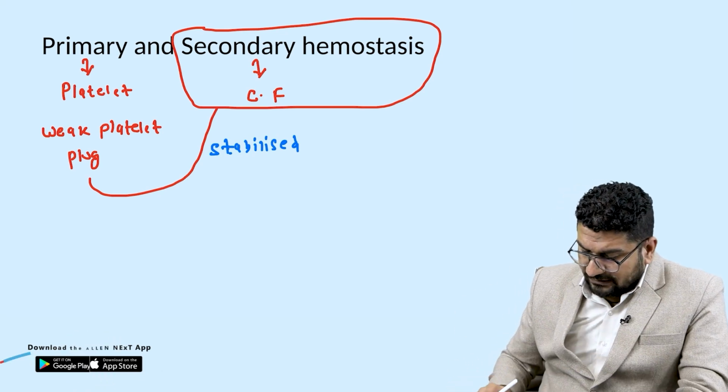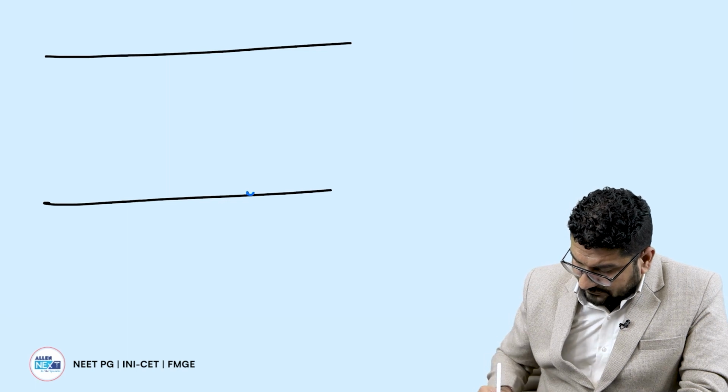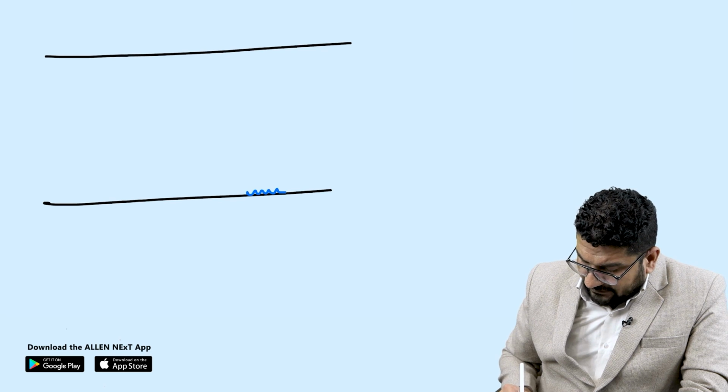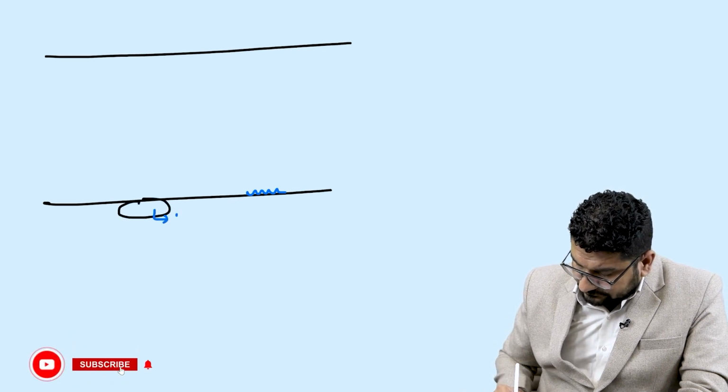Most of you know primary hemostasis, but just try to understand this. Suppose there is a bleed. Initially you will notice vasoconstriction. Then in the endothelium we have hidden bodies called Weibel-Palade bodies.